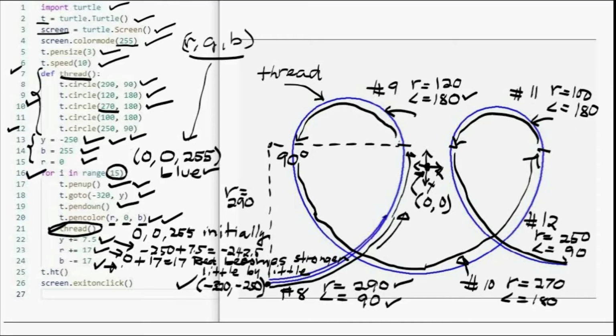Initially, the blue, according to line number 14, is 255. So on the second iteration, it's going to be 255 minus 17, and it's going to be 238. I hope I got my mathematics correctly. So the blue becomes weaker and weaker little by little as we draw the 15 threads.